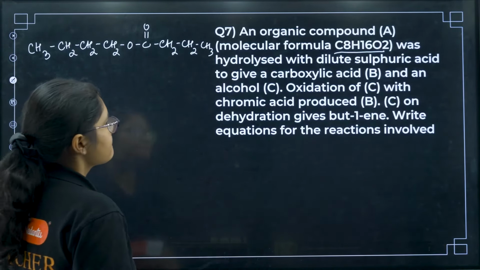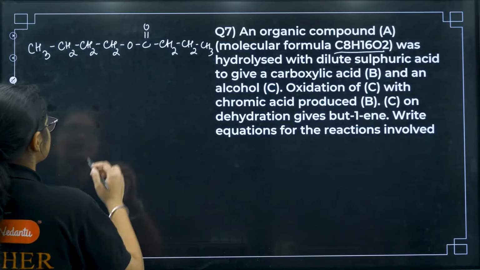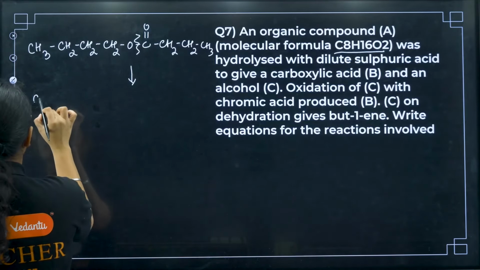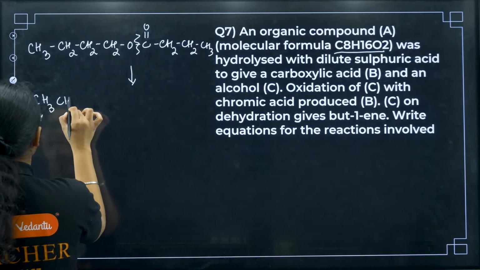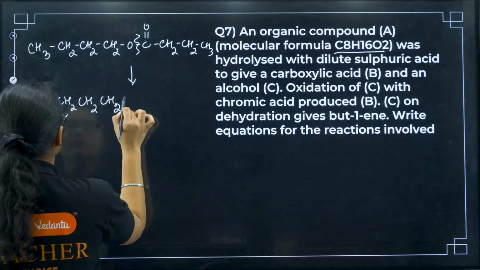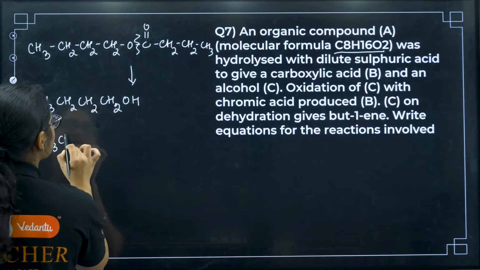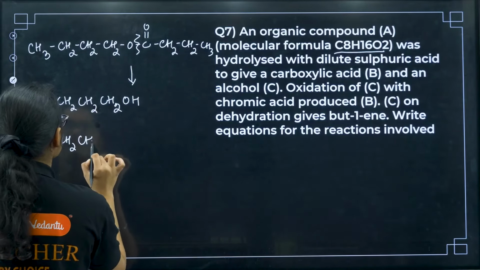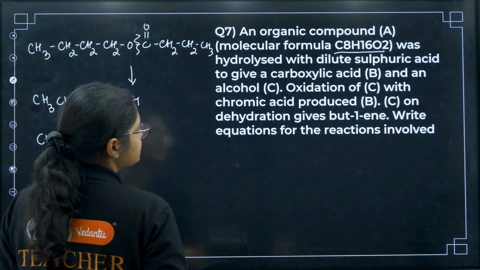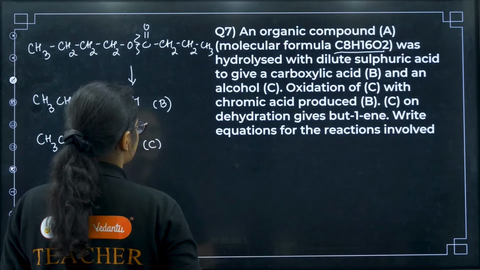Then it gives a carboxylic acid B and an alcohol C. So this will break like this, to give one alcohol and one carboxylic acid. This is C and this is B.